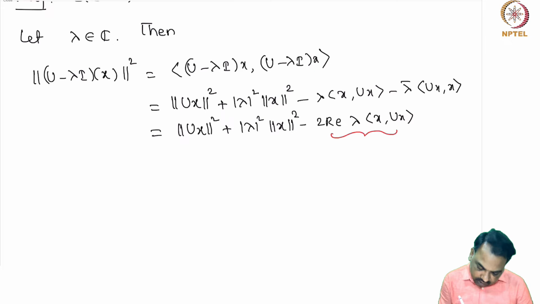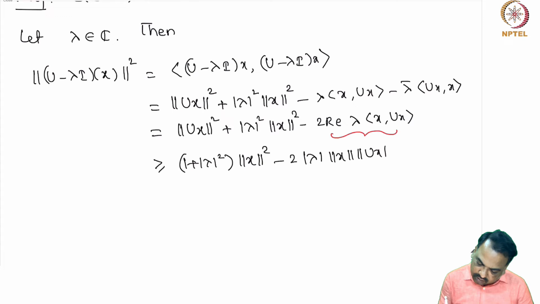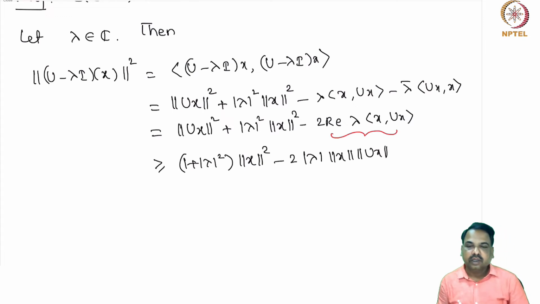So we can say that norm of Ux square is norm x square, so that is nothing but 1 plus mod lambda square multiplied by norm x square minus 2 times mod lambda norm x norm Ux. We are applying the Cauchy-Schwarz inequality here.